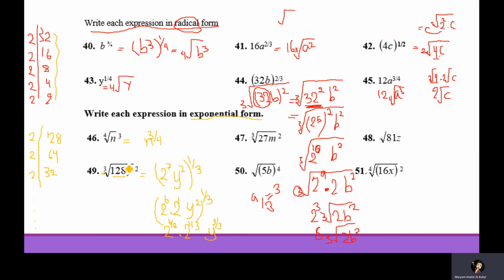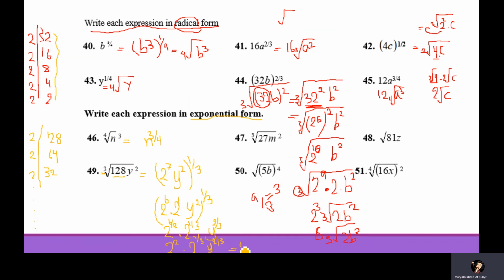So that will be 2 to the power 2. And you know what is 2 to the power 2? Times 2 to the 1/3, which you cannot simplify it, y to the power 2/3. Let's continue working on that.